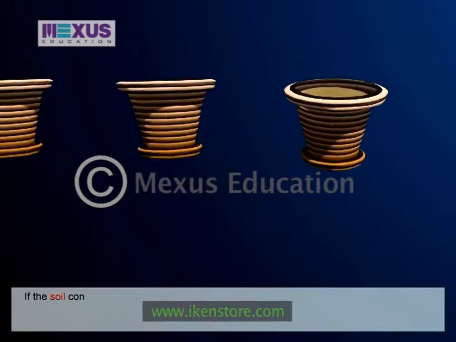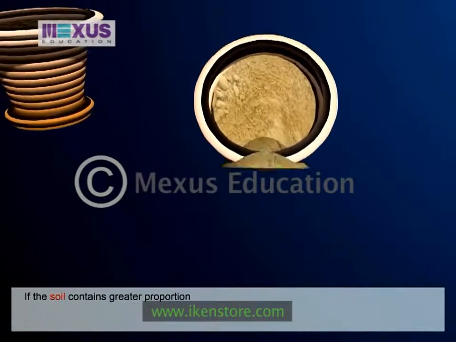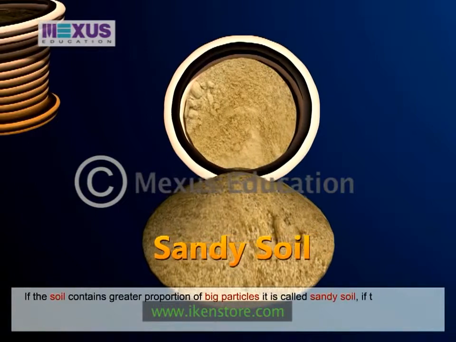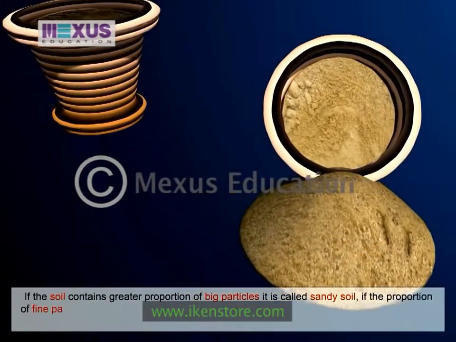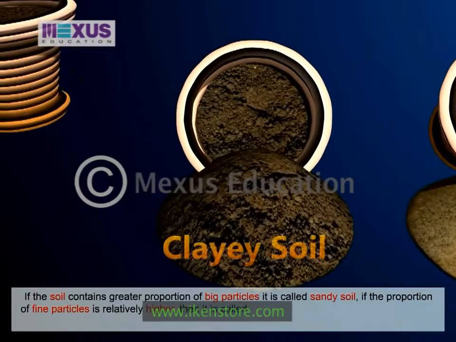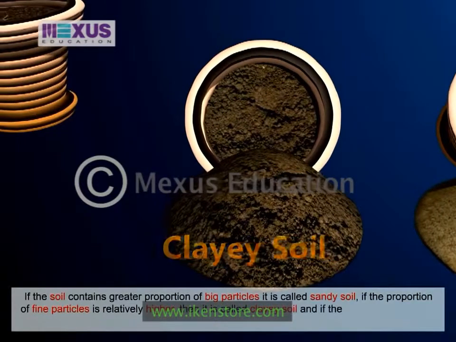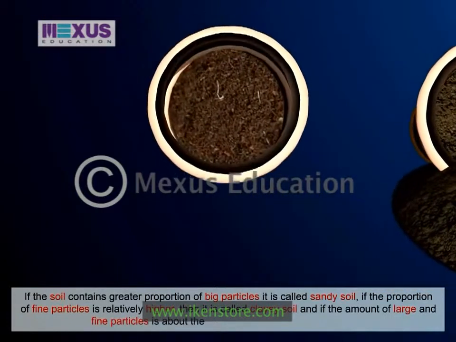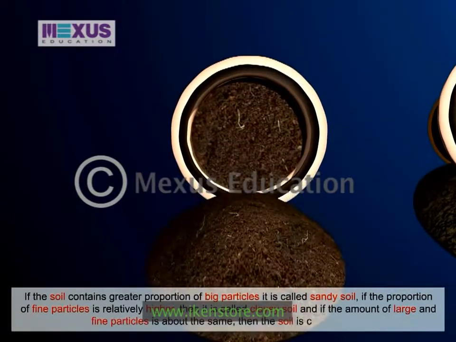If the soil contains greater proportion of big particles, it is called sandy soil. If the proportion of fine particles is relatively higher, then it is called clayey soil. If the amount of large and fine particles is about the same, then the soil is called loamy.